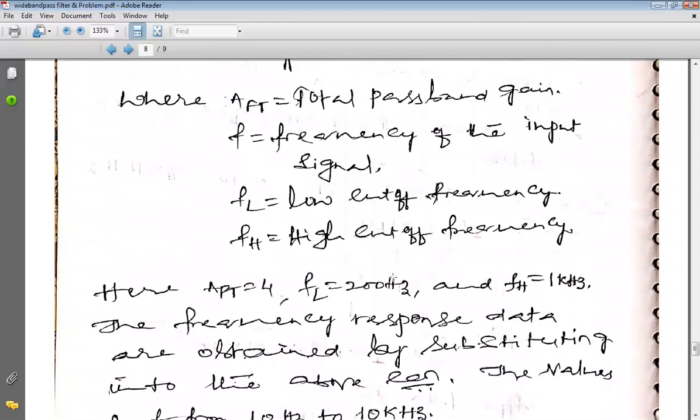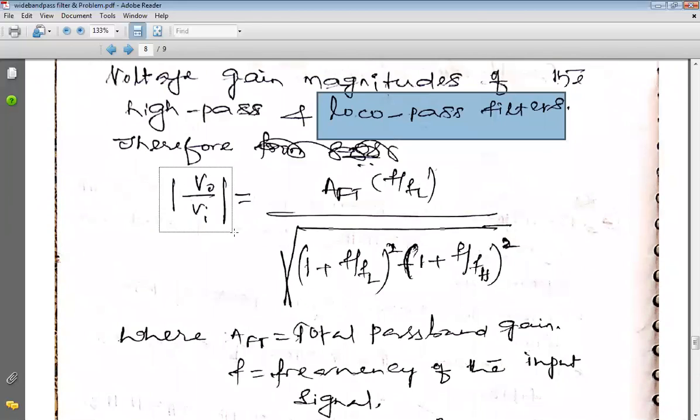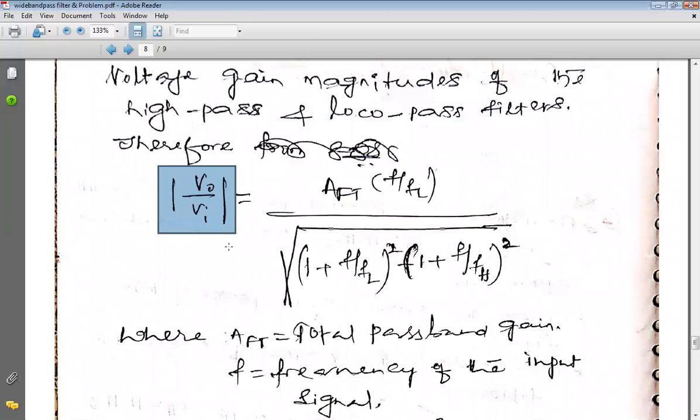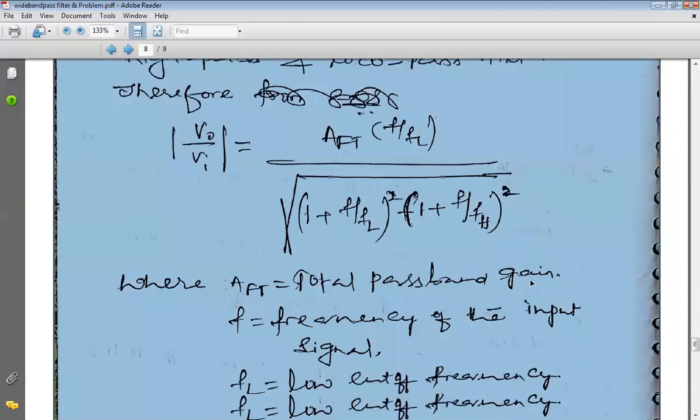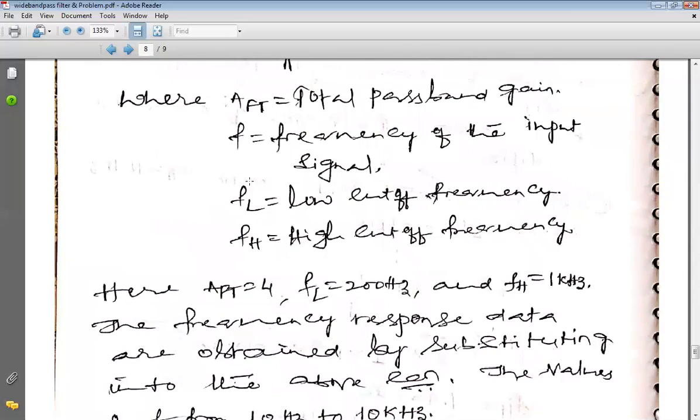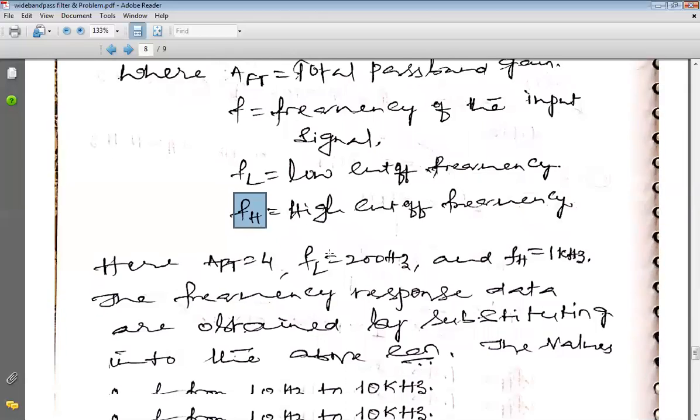Therefore, the magnitude of the voltage gain of the wide band pass filter, V0 divided by Vi, is equal to AFT into F divided by FL, divided by the square root of 1 plus F divided by FL whole squared, into 1 plus F divided by FH whole squared. Here AFT is the total pass band gain, F is the frequency of the input signal, FL is the low cutoff frequency, and FH is the high cutoff frequency.